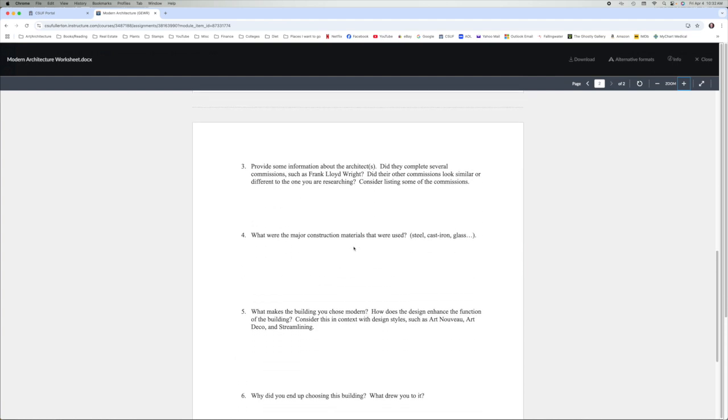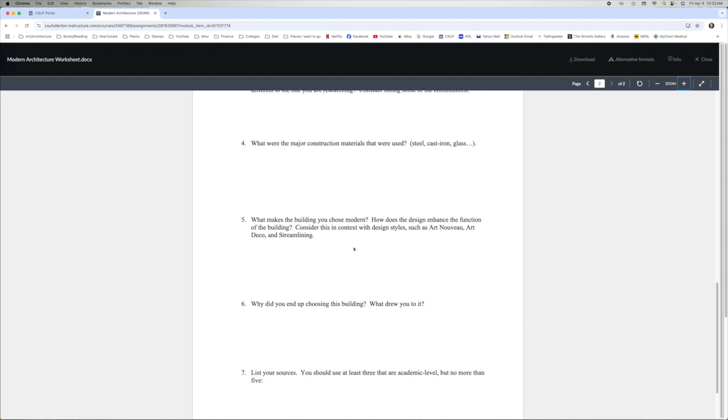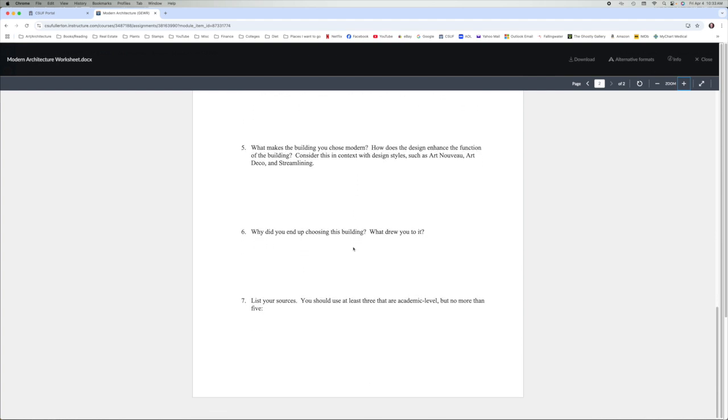For question 3, provide some information about the architects or architectural firm that built it. What were the major construction materials? What makes the building you chose modern? Why did you end up choosing this building? And finally, you want to have 3 academic level sources. Wikipedia is not an academic level source.